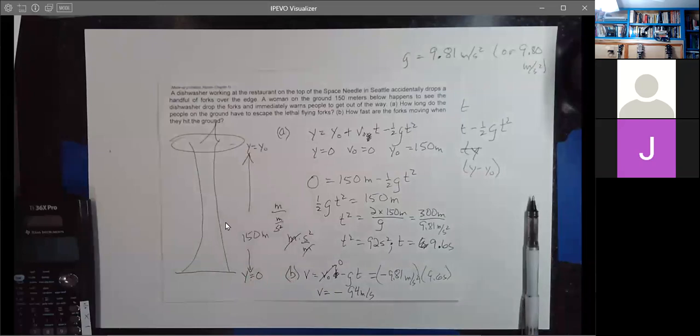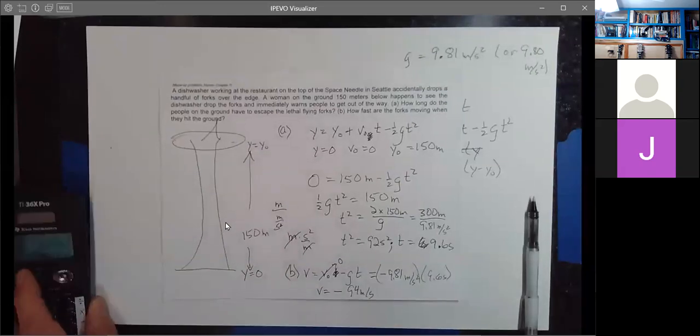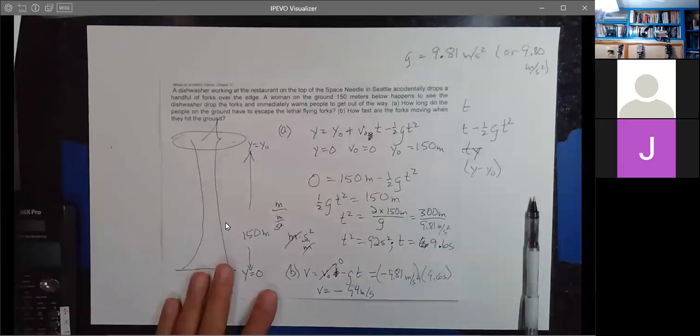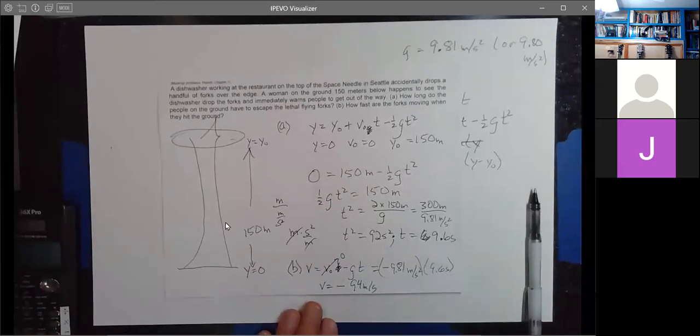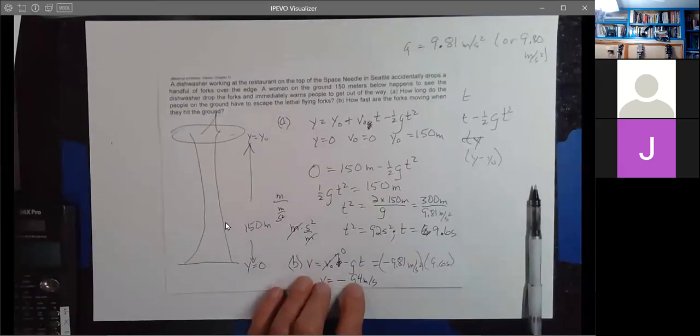So those forks are going to be kind of lethal, although air resistance would slow them down a bit. You can't really say that a fork is going to have constant acceleration on the way down, but we pretend that they do anyway. So that would be a scary fork going that fast.